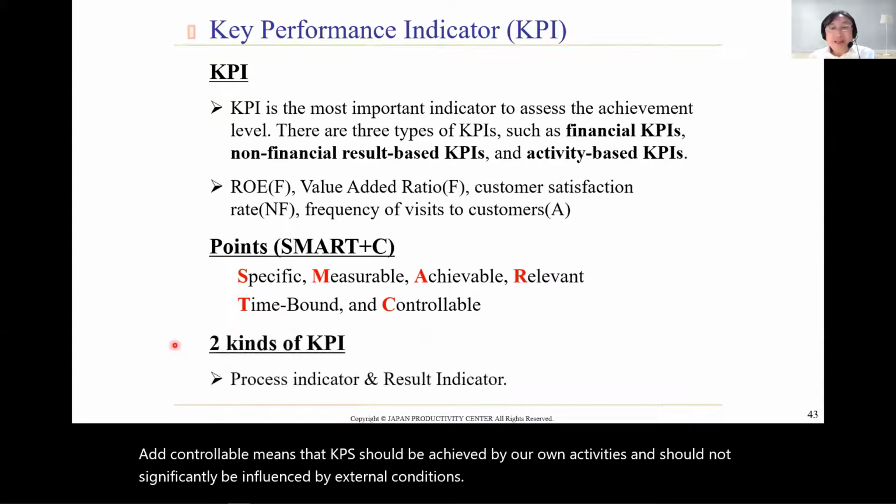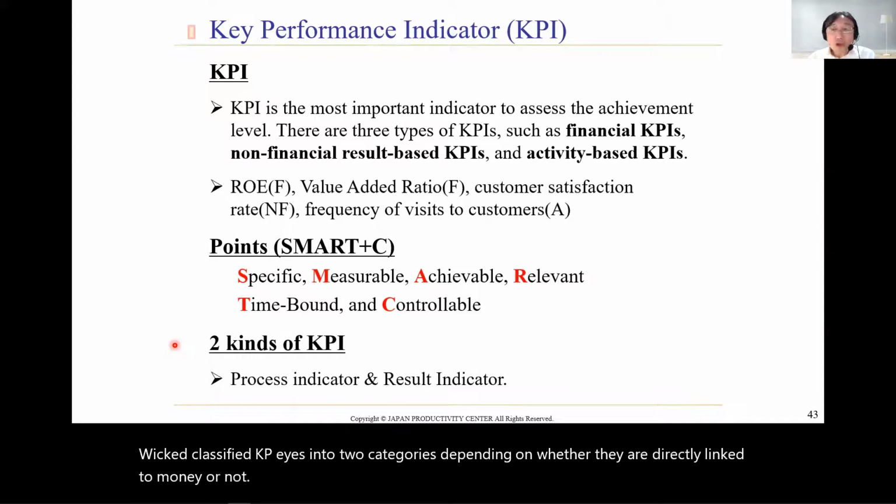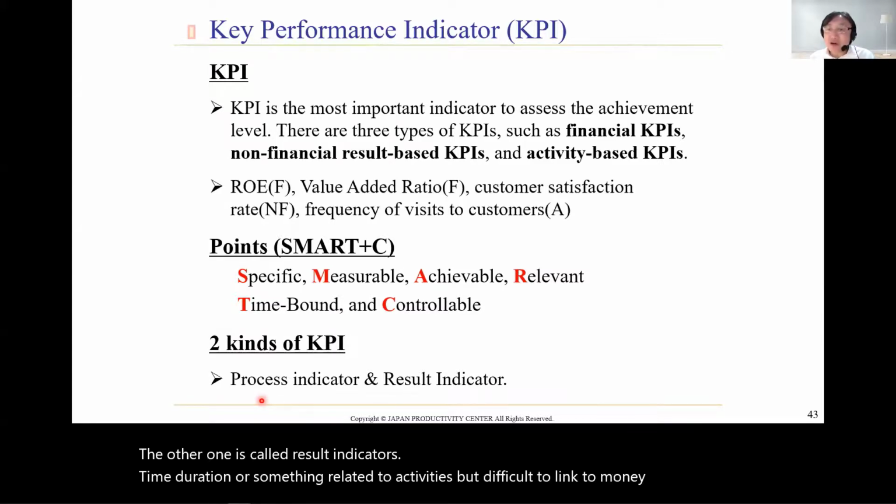We can classify KPIs into two categories depending on whether they are directly linked to money or not. One is called process indicator. The other one is called result indicators. Time, duration, or something related to activities but difficult to link to money values are considered process indicators.